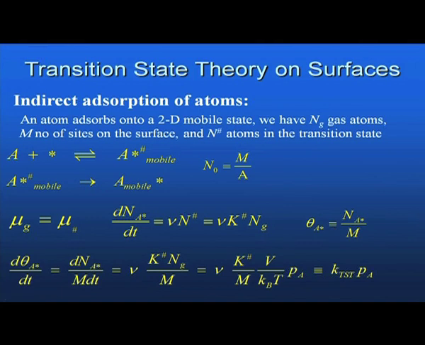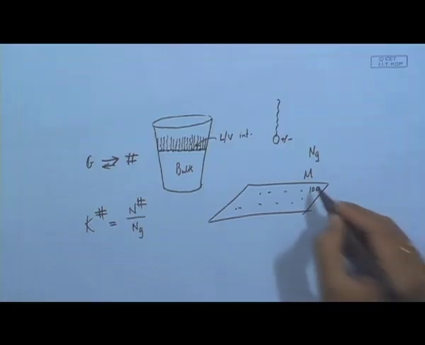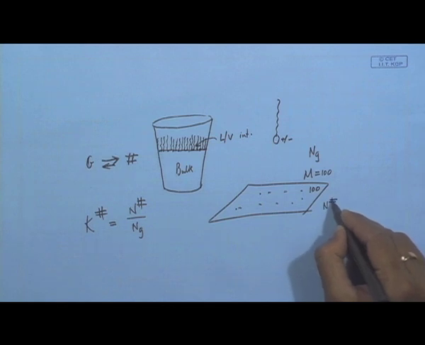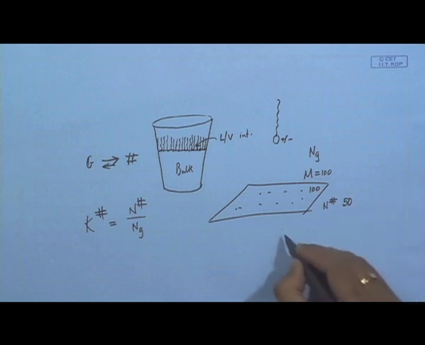Okay. So, suppose you have got, say, m is equal to 100, and suppose that n double dagger is 50, that is maybe 50% is occupied, then what will be theta?